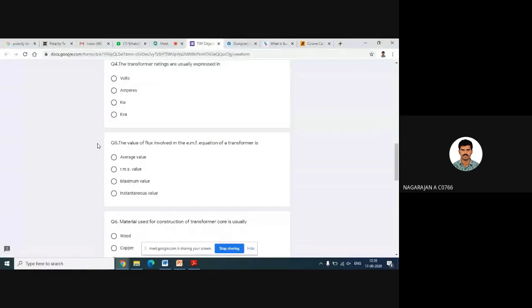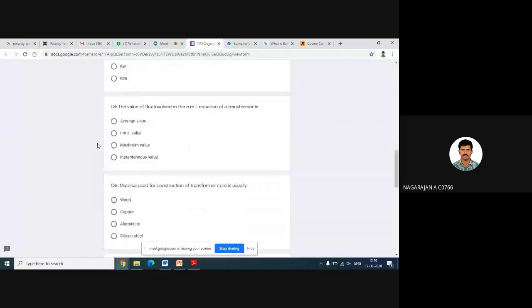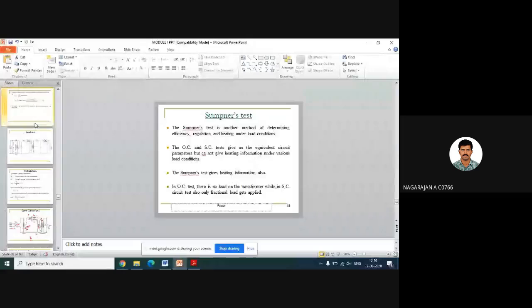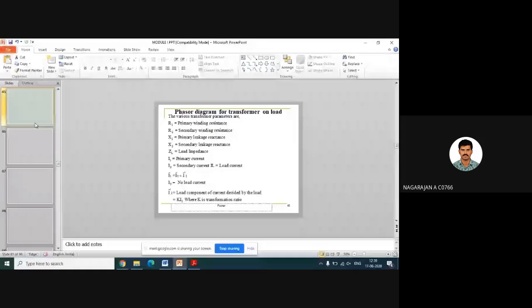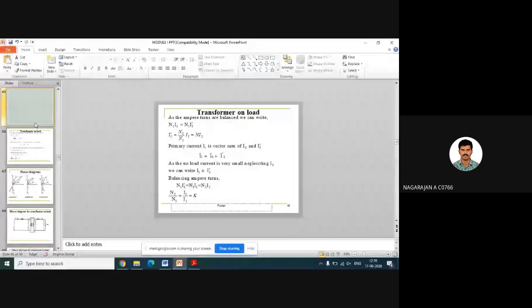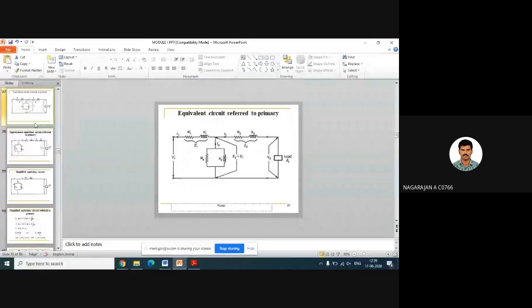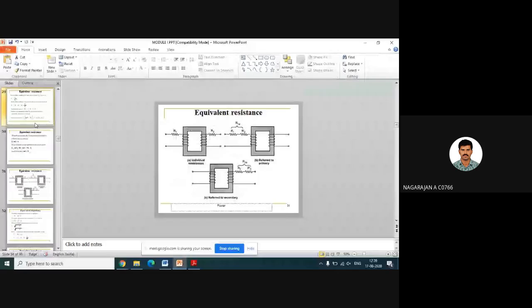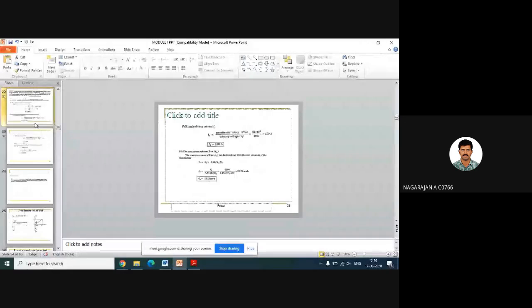Fifth question: the value of flux involved in the EMF equation of the transformer. What value are we mentioning? Can anyone recall the EMF equation of a transformer? It is 4.44. I need at least one answer so that I can show you in the slides. So here it is.